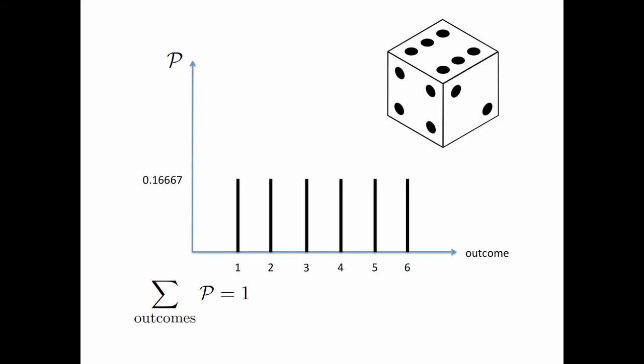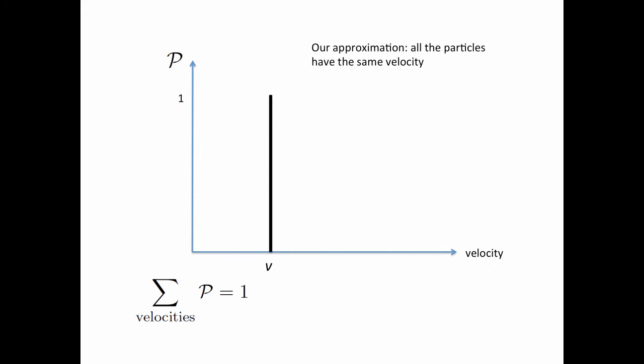So let's think about what we just did in our derivation of the ideal gas from a microscopic analysis. What we implicitly assumed is that out of all possible values of the velocity that the particles in our gas had, they all had one single value of the velocity. They all had the same value.